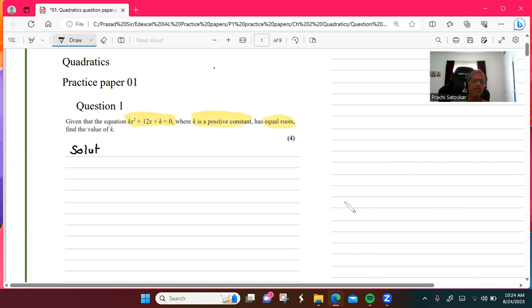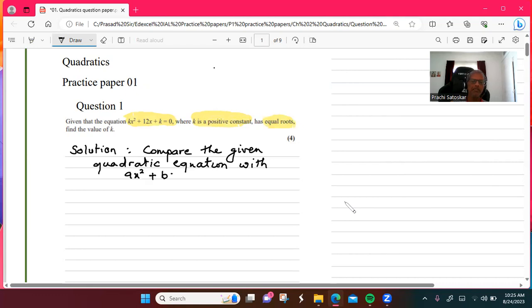So your first step here will be, we'll compare the given quadratic equation with the standard form of the quadratic equation, that is ax square plus bx plus c is equal to 0.